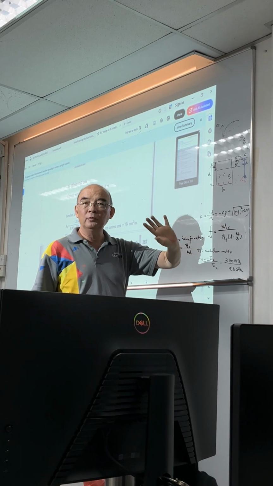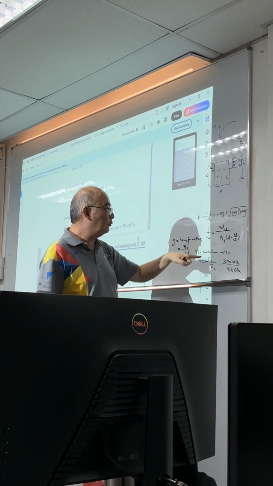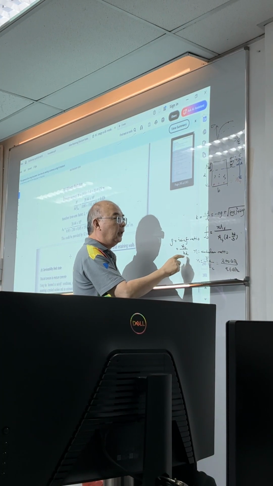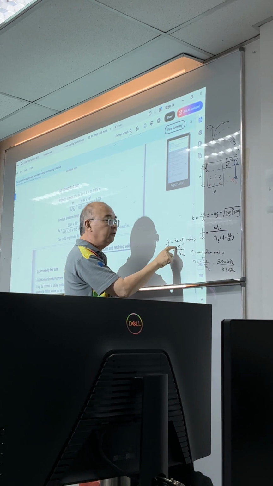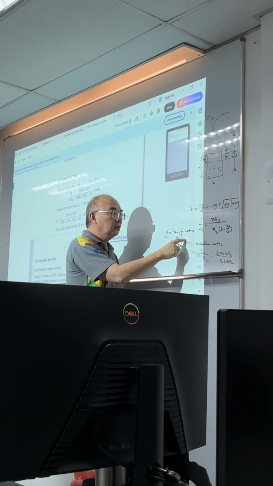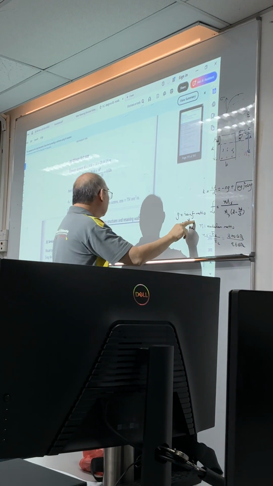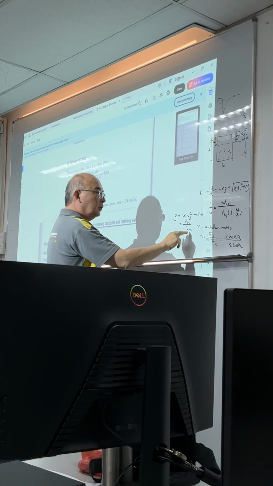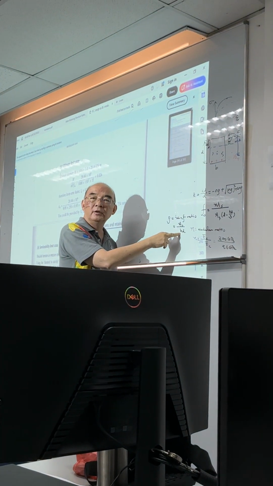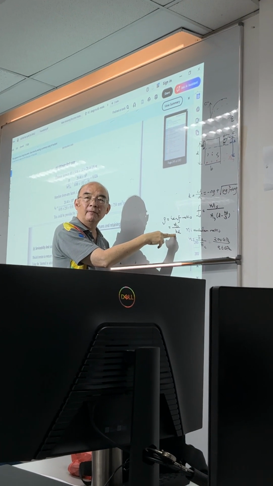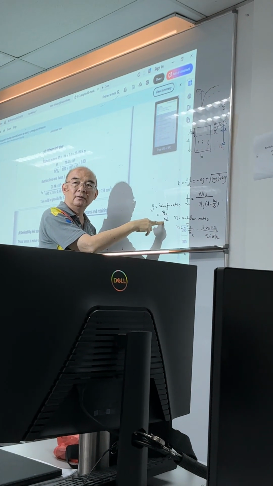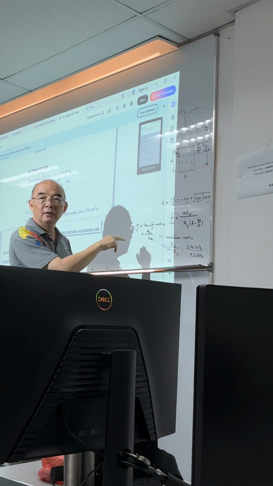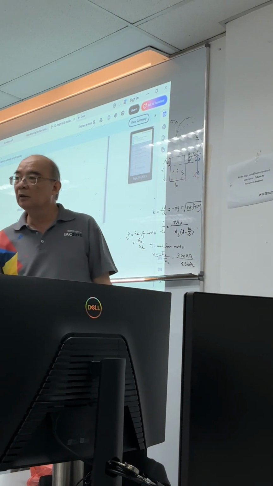To do that, we need the N rho, and also we need the reinforcement ratio. So AS is 754, D is 150. What is this B? B is 1.